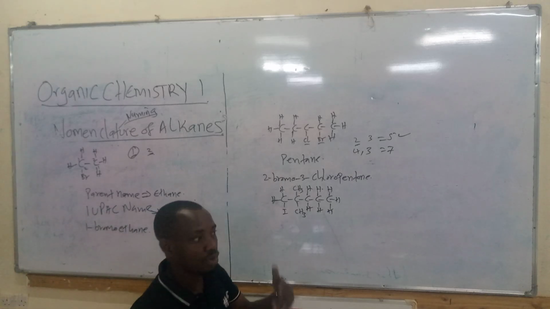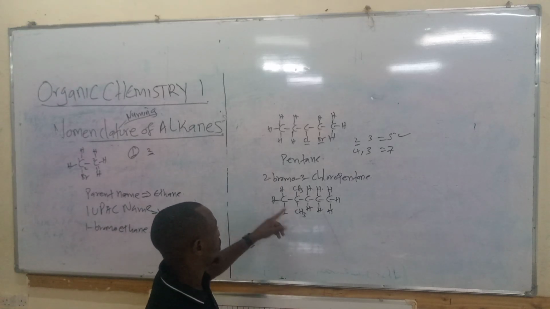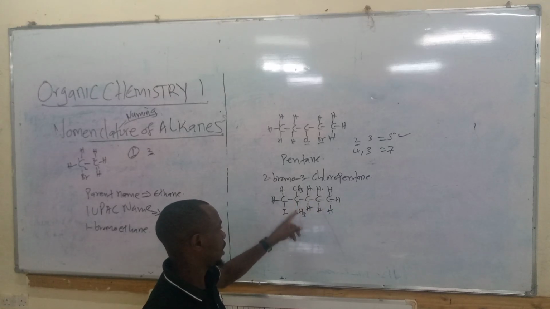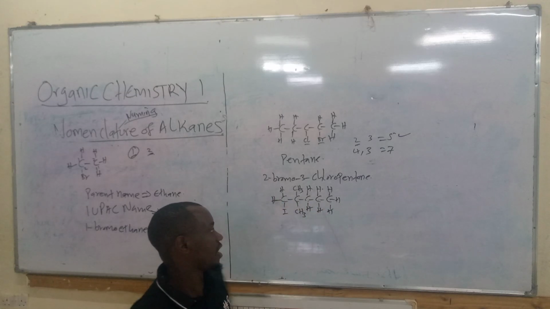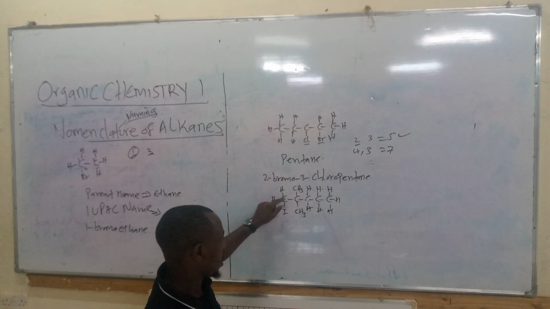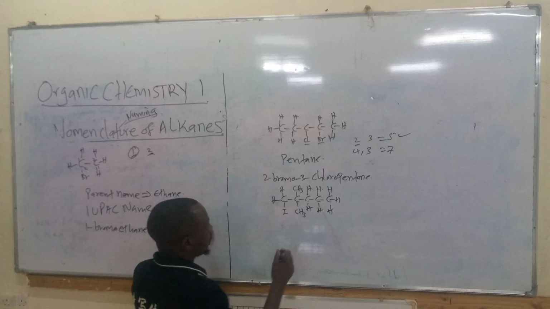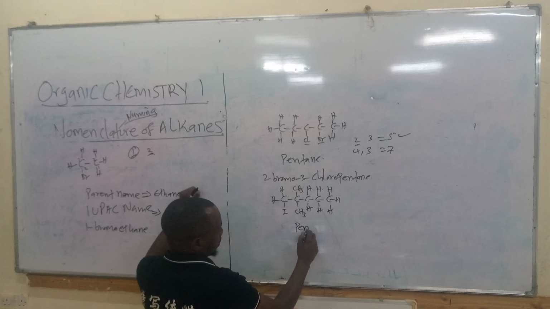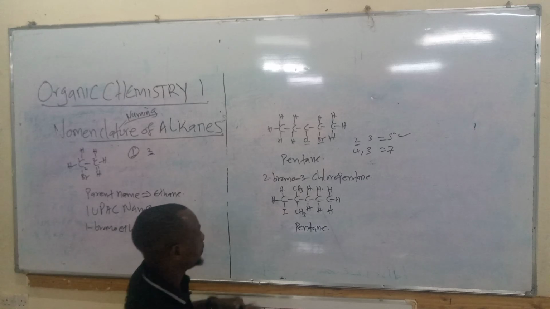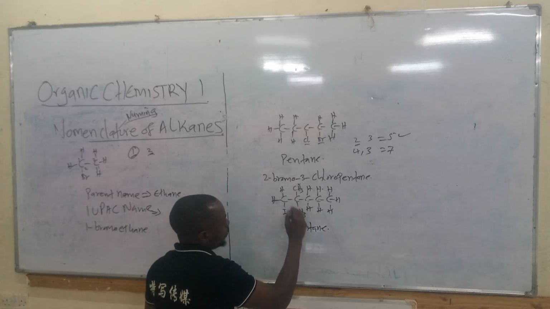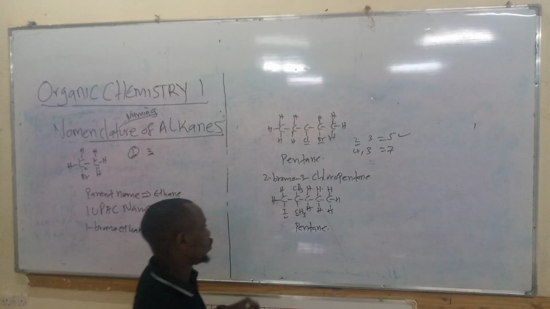We have to identify the longest continuous carbon chain: 1, 2, 3, 4, 5. So there are 5 carbon atoms, and the parent name is pentane. How many substituent groups do we see here? We have the methyl groups and iodine as substituent groups.